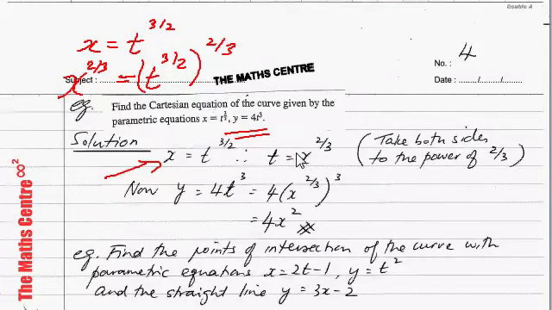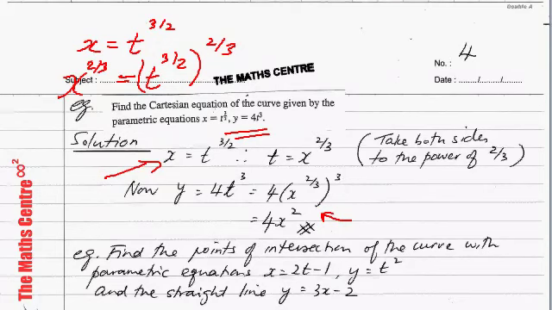Playing around with some indices, therefore t equals x to the power of 2 over 3. What's left? Plug into the second equation, y equals 4t cubed. I've done that here for you, where you see your t, plug in x to the power of 2 over 3, and using some indices, the 3's will go. We are left with y equals 4x squared.